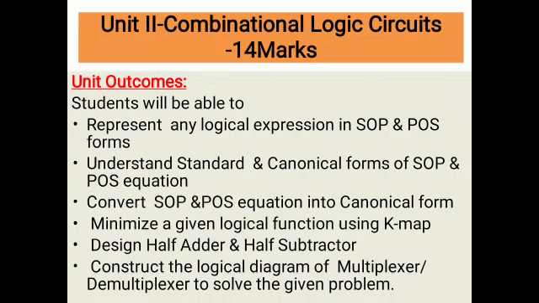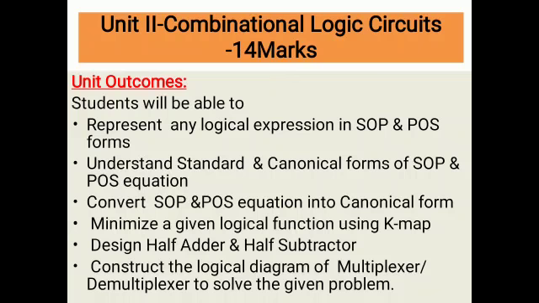Now we go to the second chapter, or unit, which is combinational logic circuits, and it is for 14 marks. After studying this topic, you will be able to represent any logic expression in SOP and POS forms.